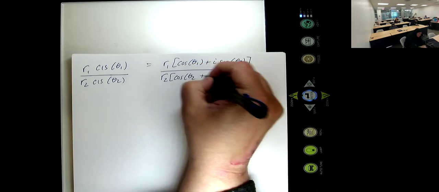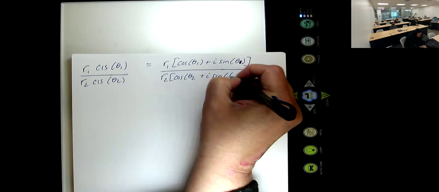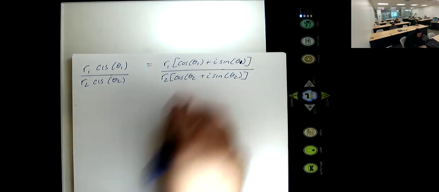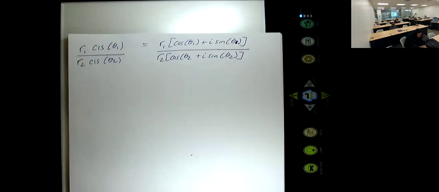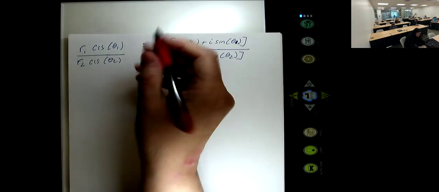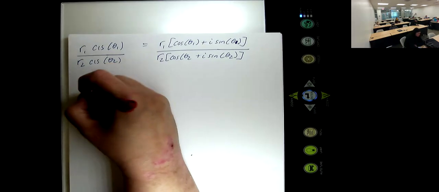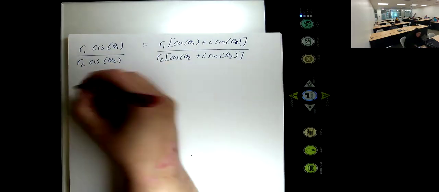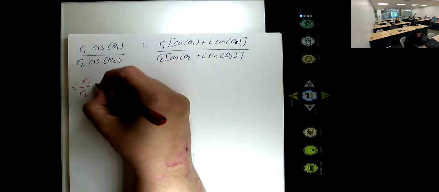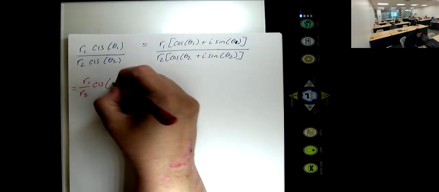I'm just writing the expanded versions right now. Just like multiplying led to addition, well, we're doing the coefficients the same, we're leaving them the same. But multiplying led to addition, division leads to subtraction.